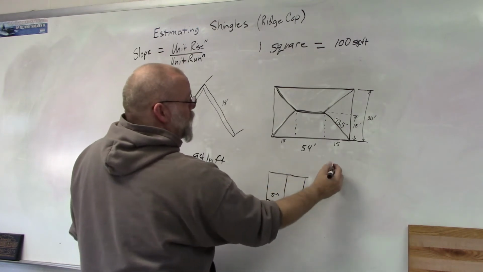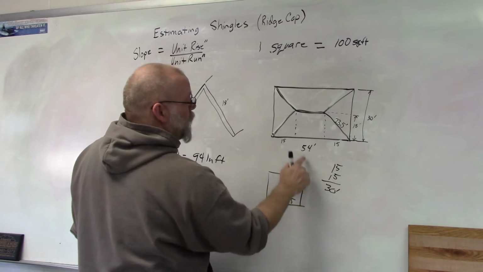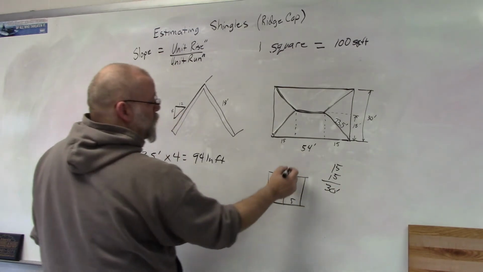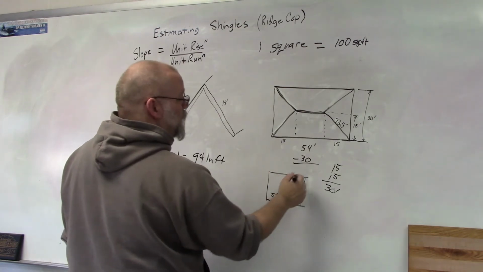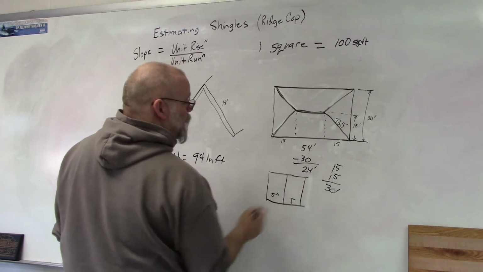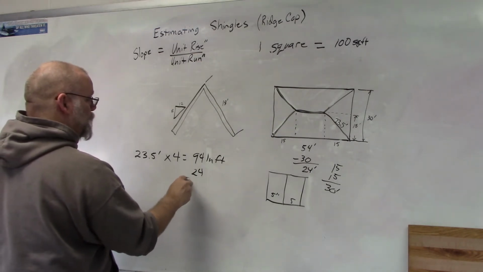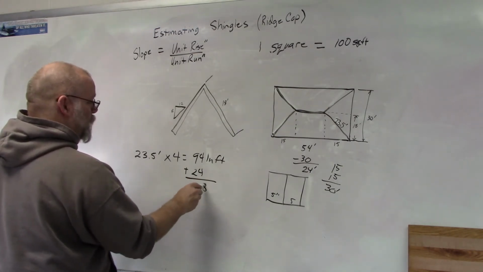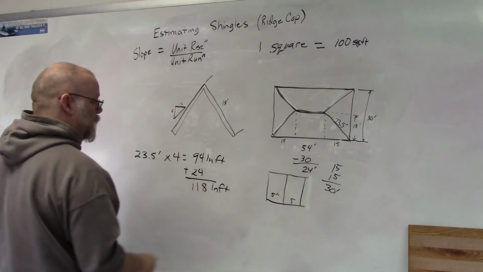So I add those together, 15 plus 15 gives me 30 feet, and then I subtract it from the overall length, which is 54, which gives me 24 linear feet, added to my 94 linear feet, that gives me 118 linear feet.